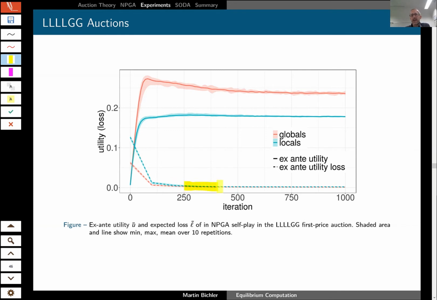So you see, after 300 rounds, we kind of converge in terms of utility loss, right? So again, also here, we don't have an analytical solution to compare against, but we can play against many other strategies. So this is actually computationally very expensive in a way when you want to get a good estimator. But the utility loss was very small here.